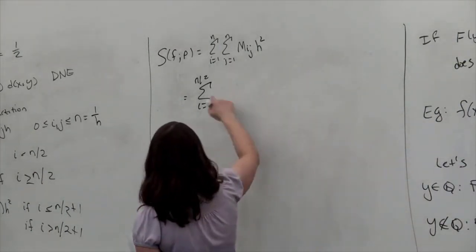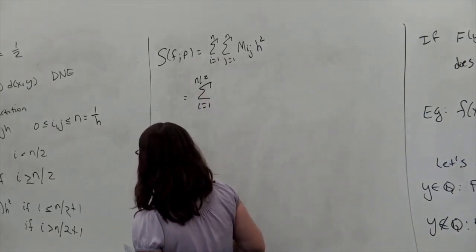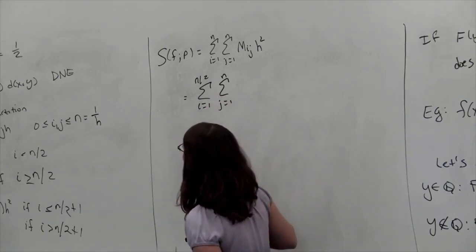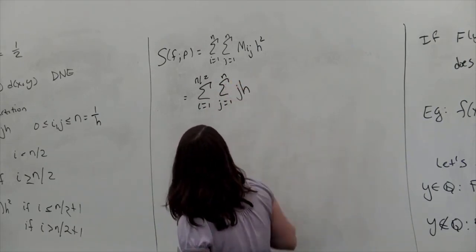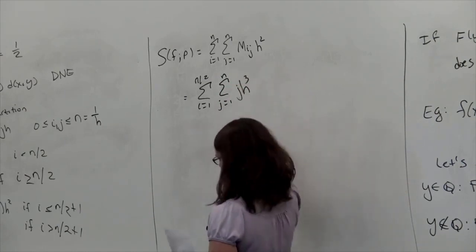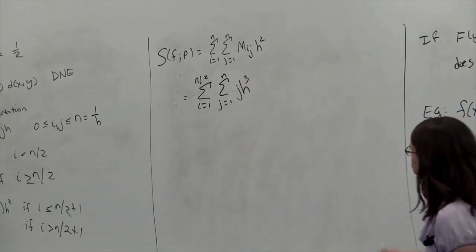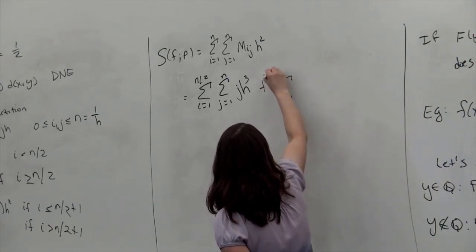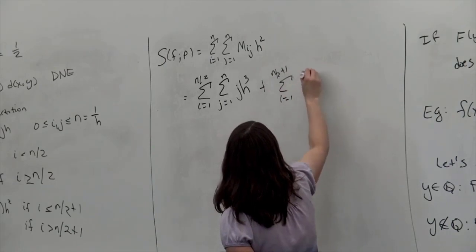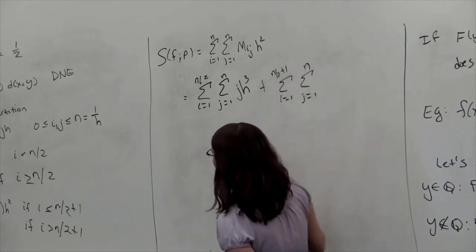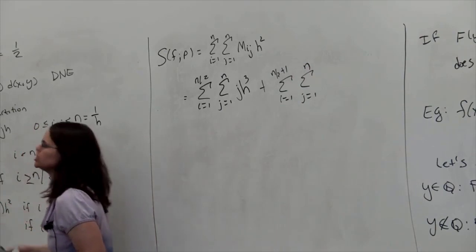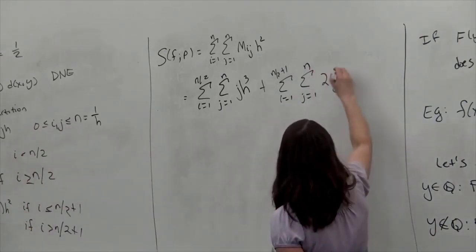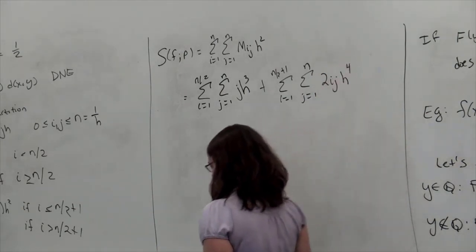All right, so what are we doing? We're summing from i equals 1 to n over 2, and all the j values of j times h times another h squared, so j times h cubed. And then we have to take all the rest of the i values. For the rest of these, we get 2ij h squared, times another h squared.